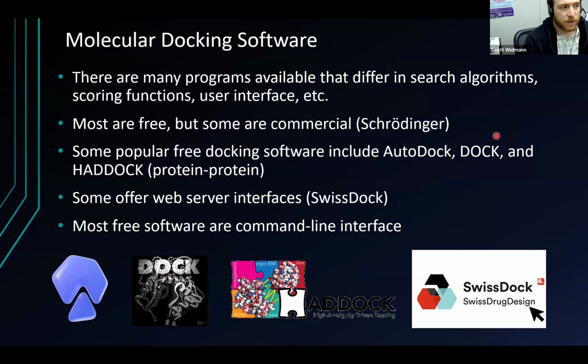Some of these offer web server interfaces, which are easier to use, where you can just upload your structures and submit them to the server. But most of the free software is command line interface, so it'd be like Linux commands.